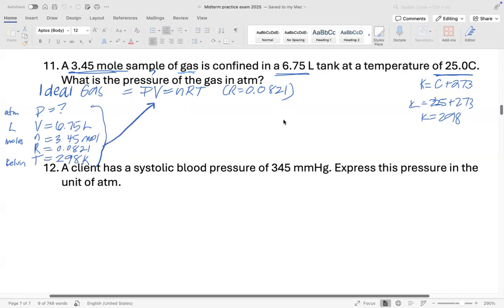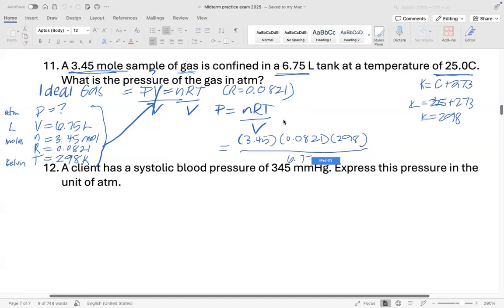We're solving for P, so I'm going to manipulate the formula first. To get P by itself, I'm going to divide each side by V. So P equals nRT divided by V. All right. And then I can plug in my numbers. 3.45 times 0.0821 times 298 divided by 6.25.